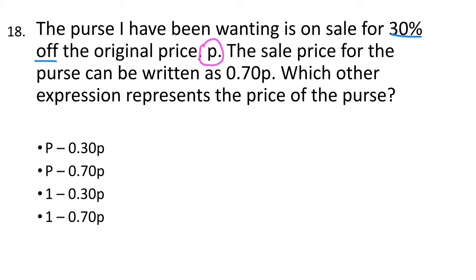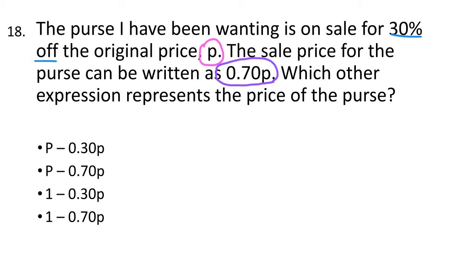So if the original price is 100% and I take 30% off, that means that I have to pay 70% of the original price. And this is where we get the expression 0.70p. The 0.70 is my 70%.